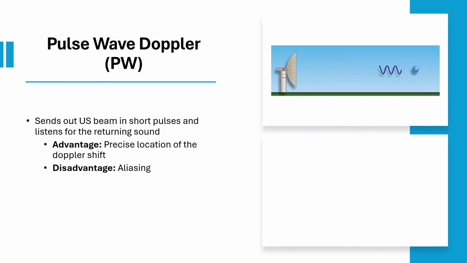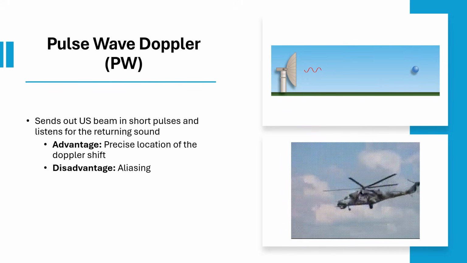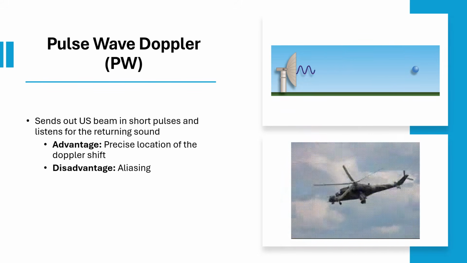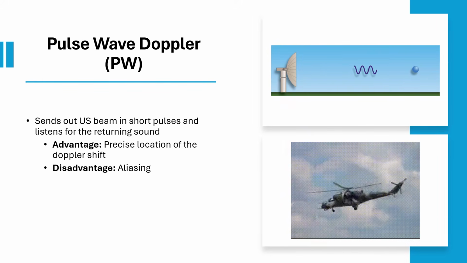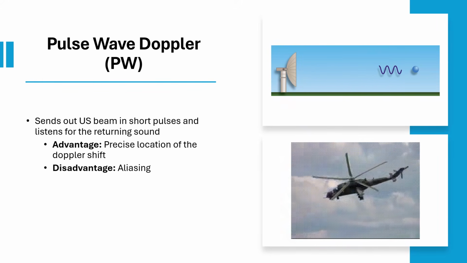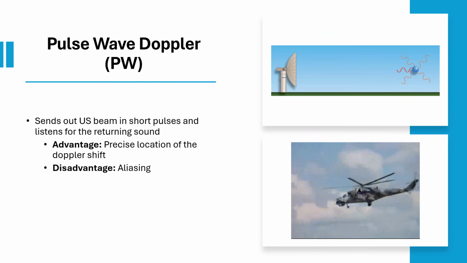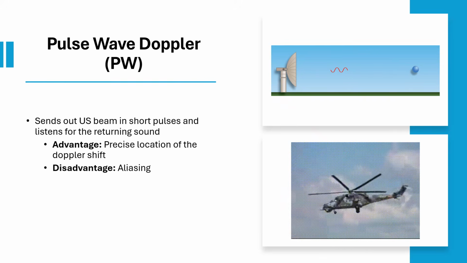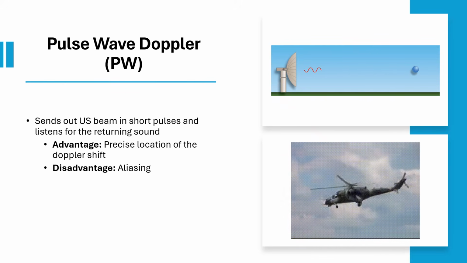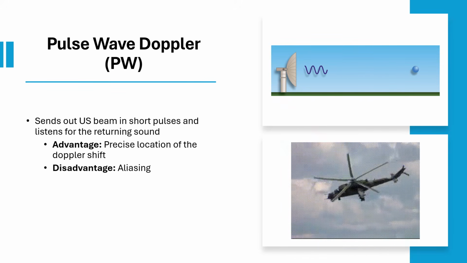The disadvantage is aliasing, or inability to accurately measure the velocity and its direction. On the bottom right video clip, you see a flying helicopter, and unfortunately, we cannot really tell the direction of the main rotor blade movement because of the same concept of aliasing. Please pause the video if you need more time to review this important concept.